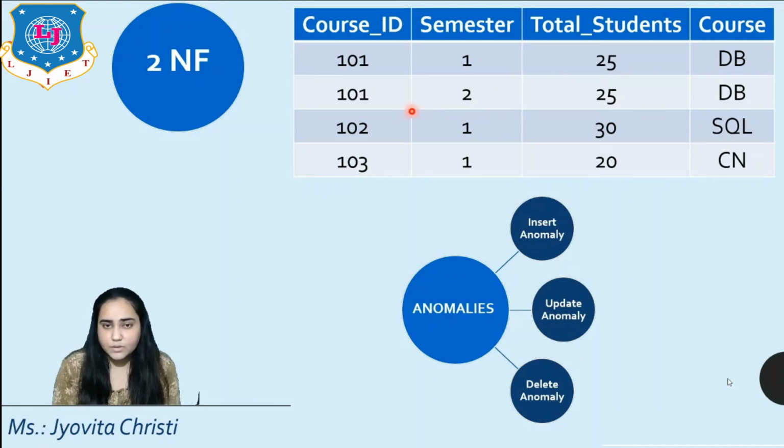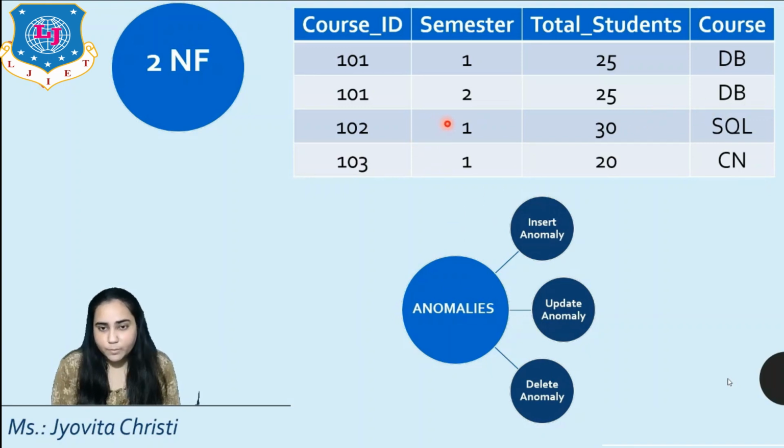This data is also lost. It's possible that this is the only data for that semester and it is getting lost because I want to delete a course. So I cannot delete a course without also deleting the rest of the values, because it's all in one table.